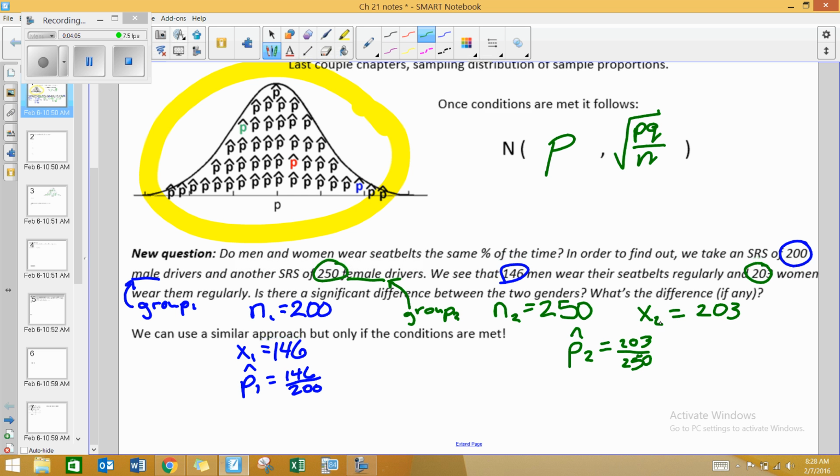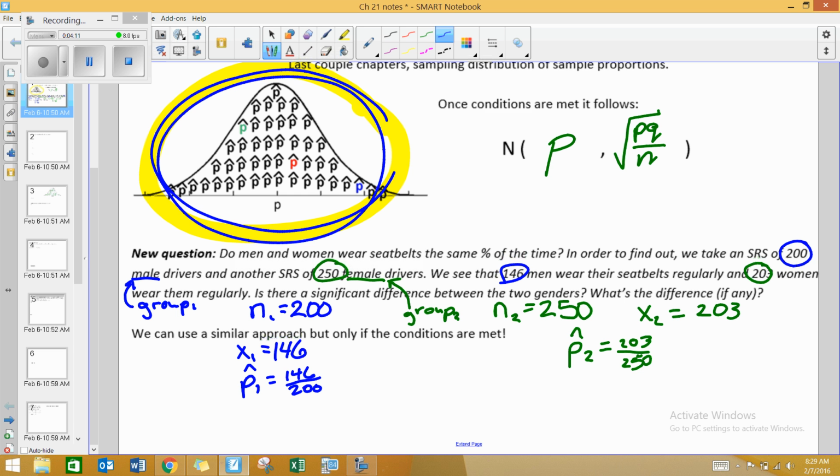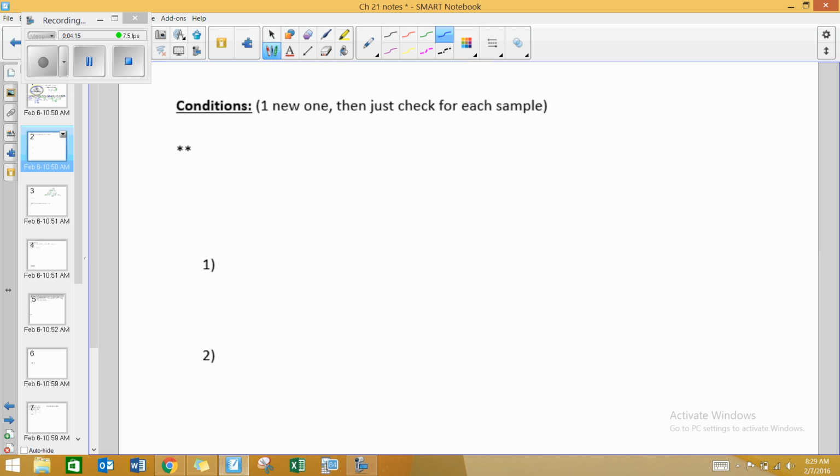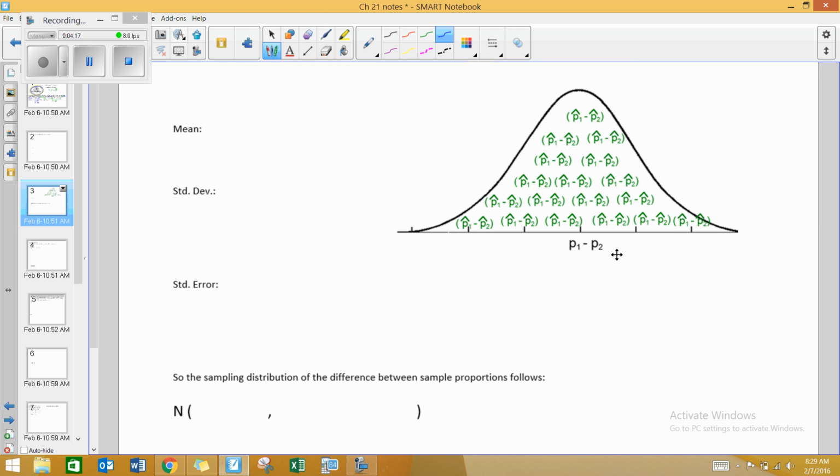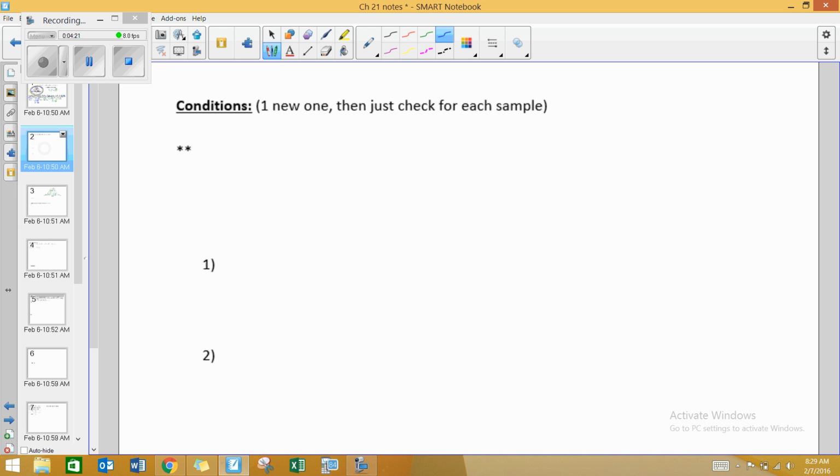So before I jump into doing anything with these numbers, just like we saw in the last chapter, this sampling distribution is going to follow a normal curve only after I've shown that it meets the proper conditions. And so the good news is 3 of the 4 conditions are identical to the ones you've already seen, but there's one new one.